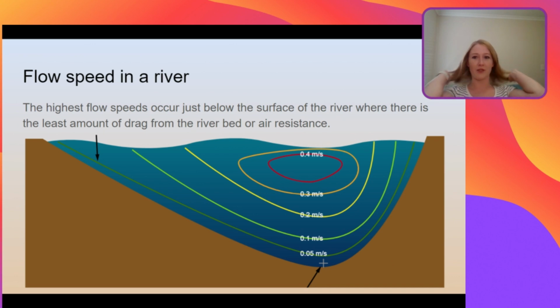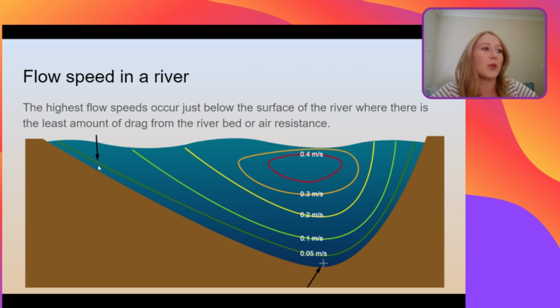Flow speed of a river. So we need to understand where the river flows the fastest in a given space to understand why it forms certain features. So most of my students understand that you won't have the fastest flow against the riverbed.